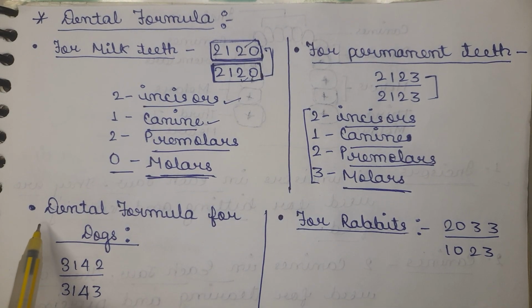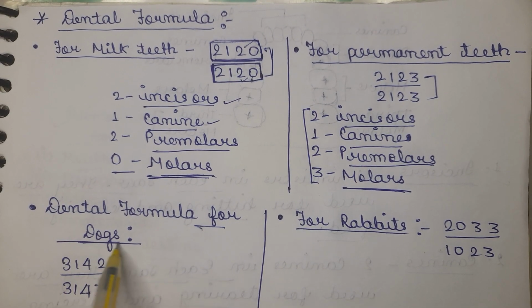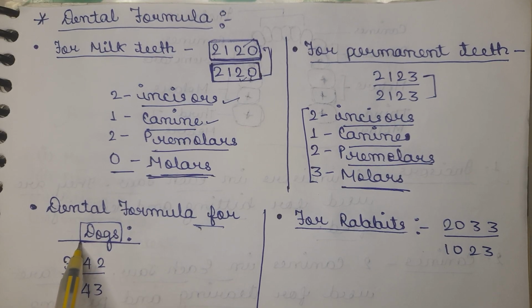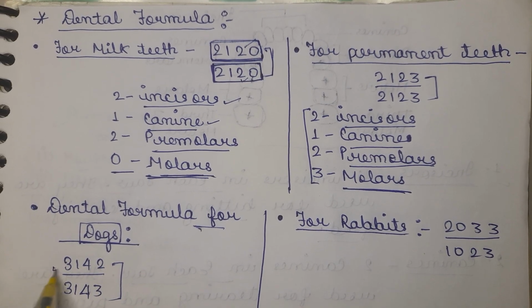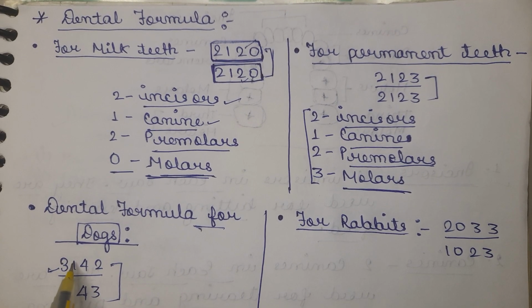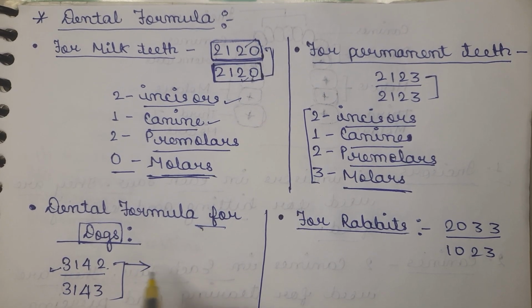Now the third one is the dental formula for dogs. Talking about some animals like dogs or rabbits, the dog has the dental formula 3142. Here the 3 represents the incisors, 1 the canine, 4 the premolars, and 2 the molars. So this was about the upper jaw.